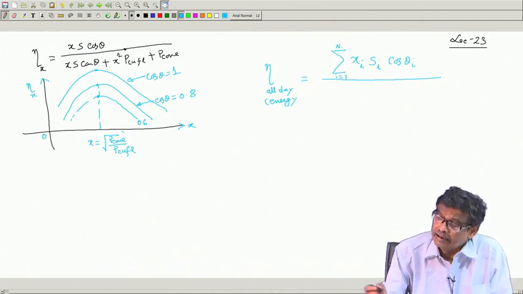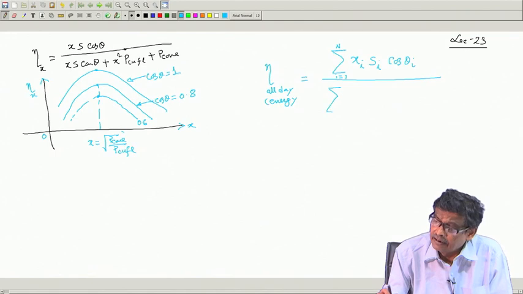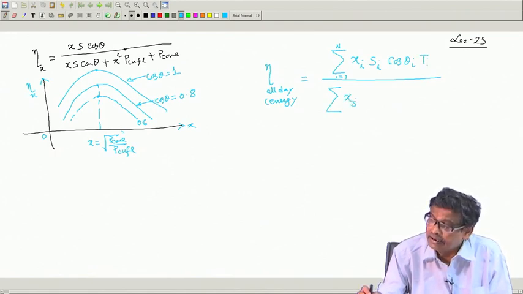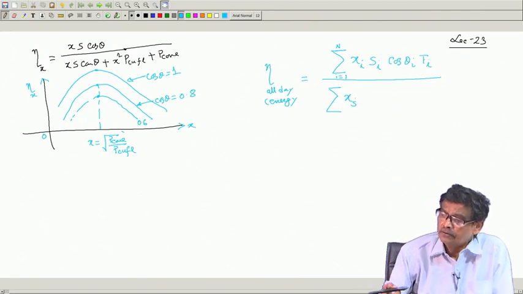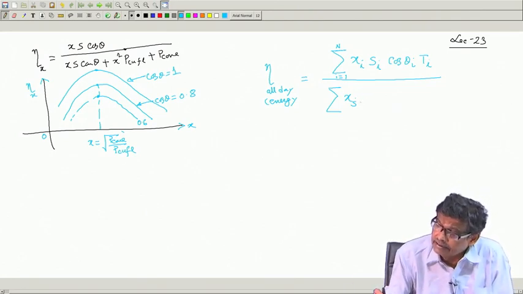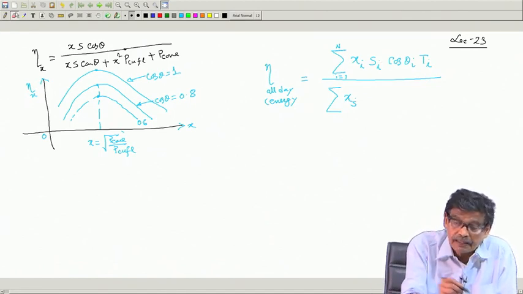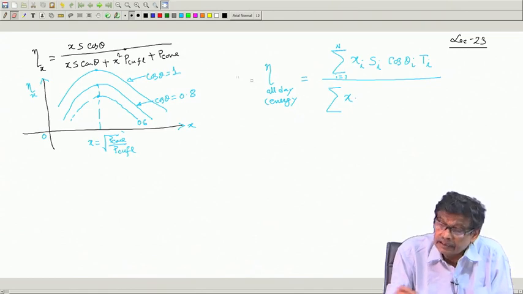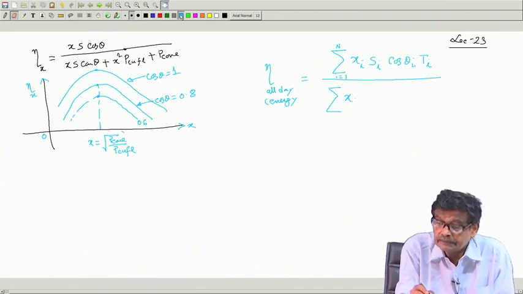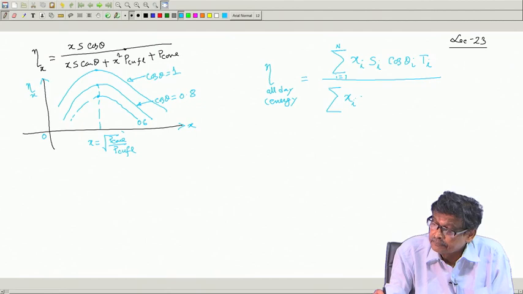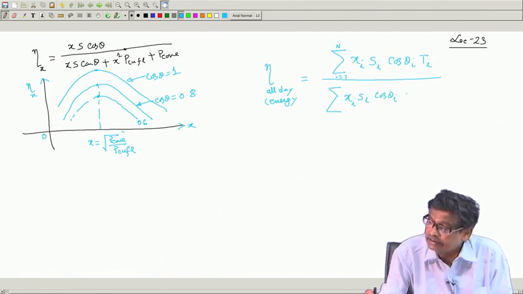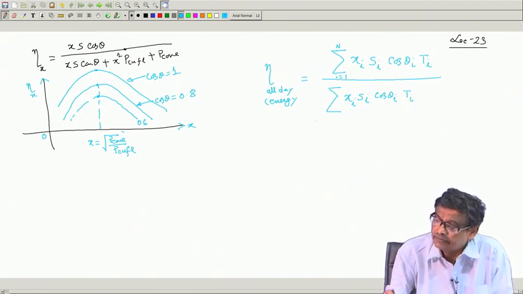This is the output energy, T_i being the interval of time, summed over i.